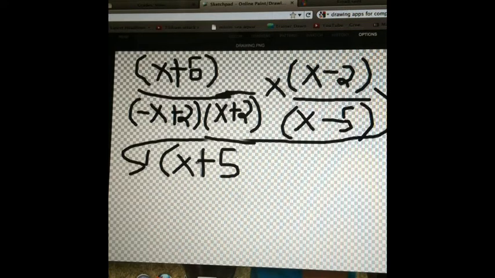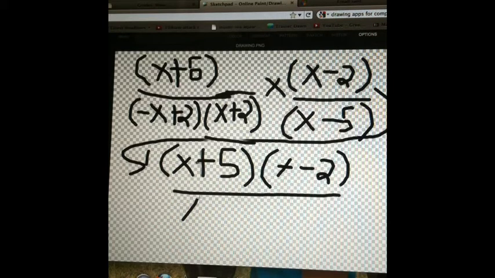X plus 5, x minus 2, over, so we're kind of combining these ones into one problem here. I'm sorry, no, the x minus 5 doesn't go there.